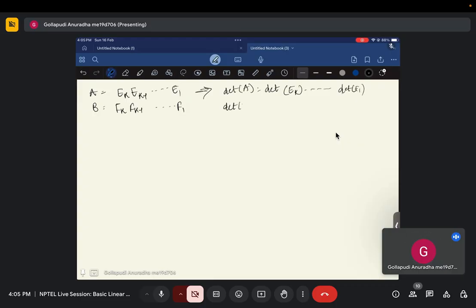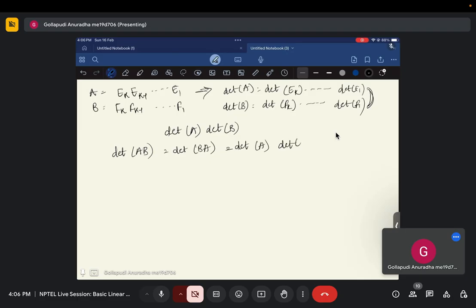Similarly, determinant of B will be the same. So ultimately these two are getting multiplied, determinant of A multiplied by determinant of B. So ultimately you are getting the same product. So whether it is AB or BA, it's going to be the same.